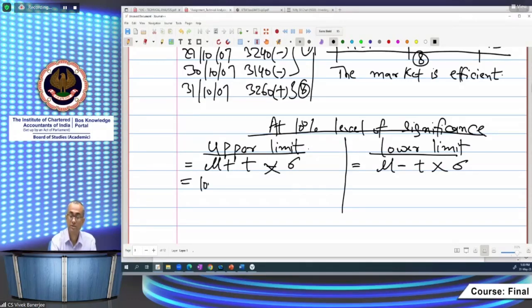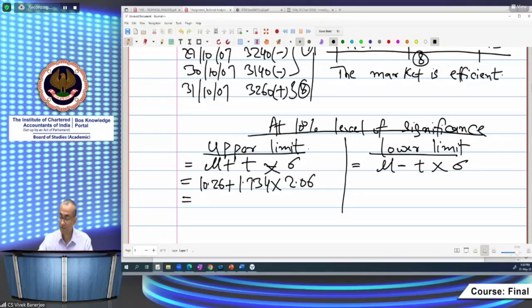Mu, the average we have calculated, is 10.26, plus the value of t given at 10% level of significance in the question, which is 1.734. We multiply it by the standard deviation, which is 2.06.